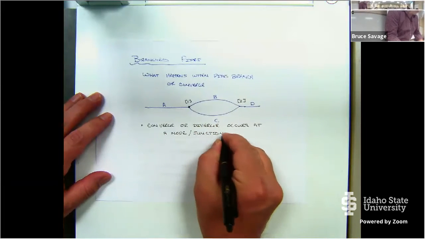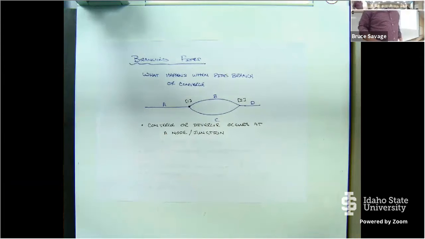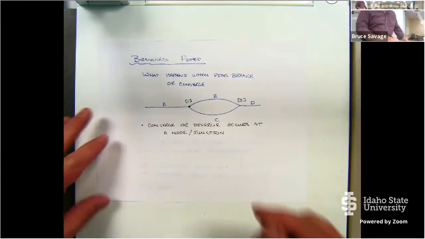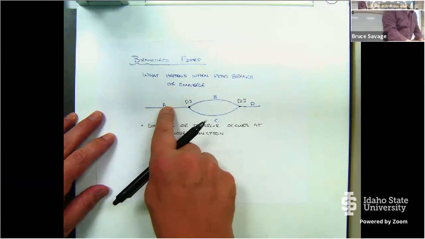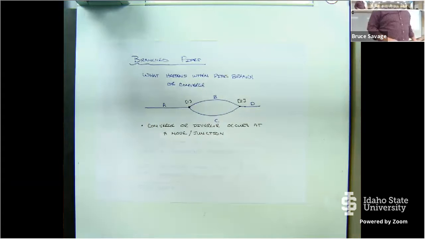Okay, those are used interchangeably. So when we look at this, just given the basic fluids background, what can we say about this right here? Specifically, what can we say about the flow at A compared to what's going on at A and B?